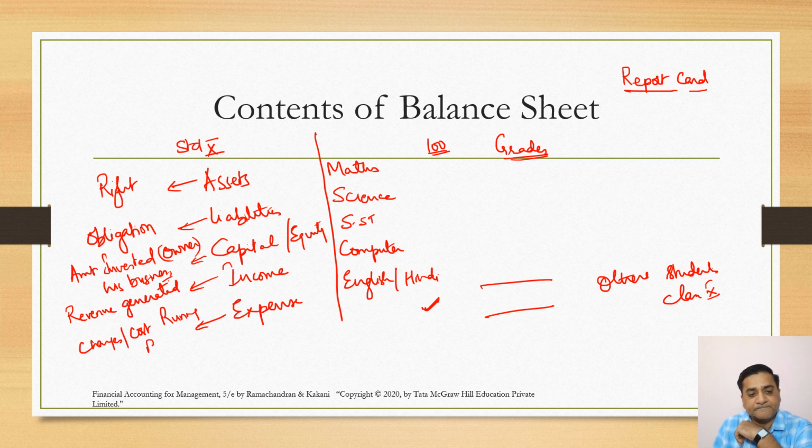Very simple. So in the accounting world, if you are clear with these five terms, I don't think there would be anything which would be bothering you throughout the accounting sessions anywhere, right?